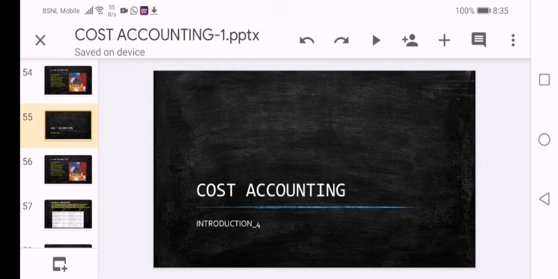In the second session, we learnt about classification of costs and elements of costs. In the third session, a practical approach was adopted in understanding the costs.